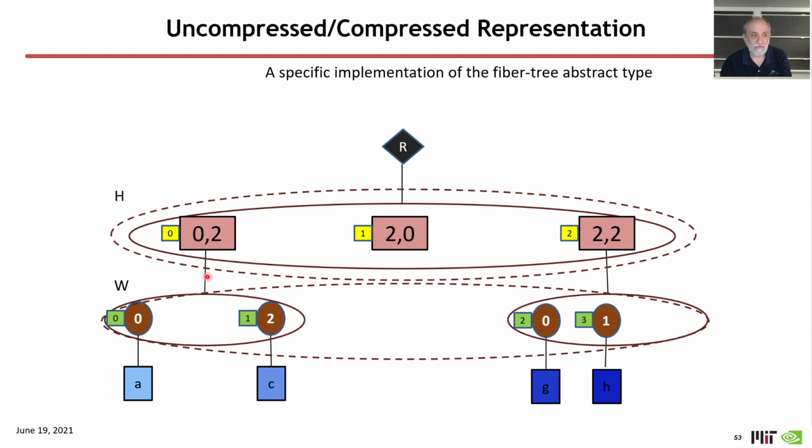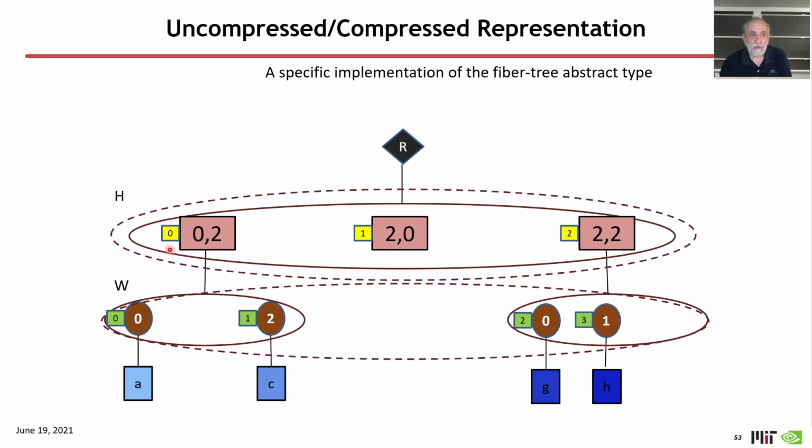This is a fiber that starts at position 0 in the rank and has a length of 2. This one doesn't exist, for reasons that will become obvious later, so I'm going to say it begins at offset 2 and has length 0. And then the third coordinate in this top rank has an offset in the next rank to its fiber of 2 and a length of 2.